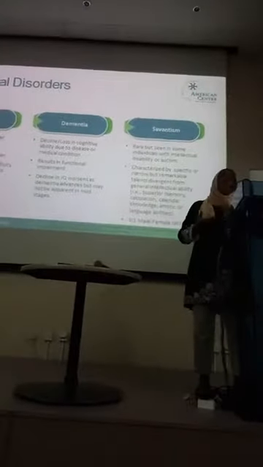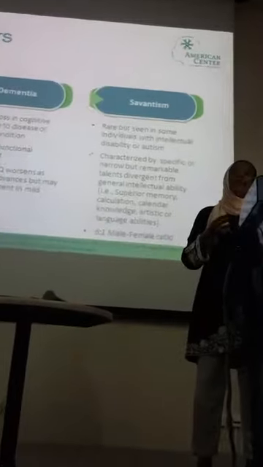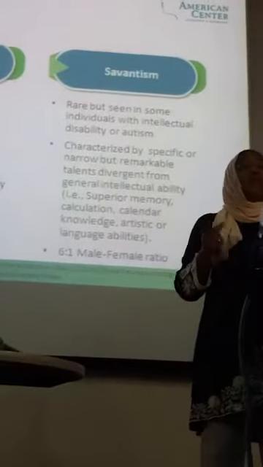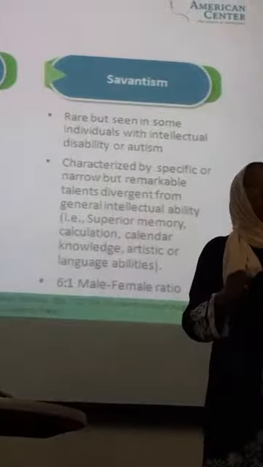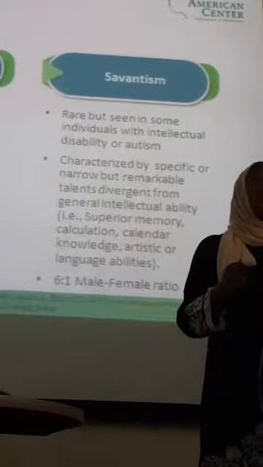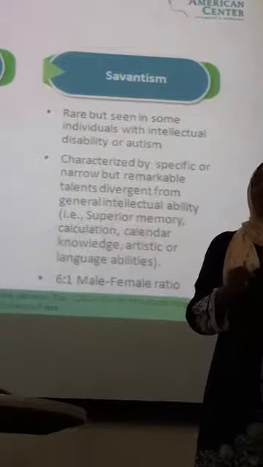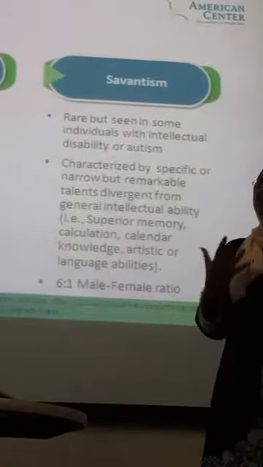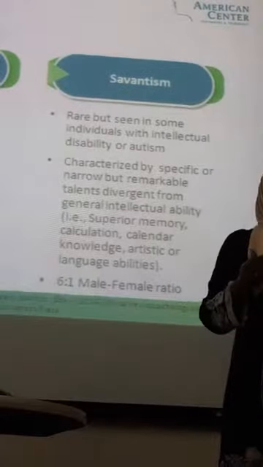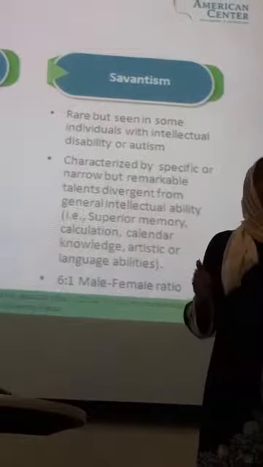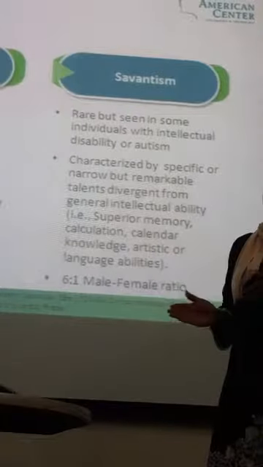And then in some people with autism, we actually have savantism, which indicates that a person will have a unique and extraordinarily developed skill in a very, very narrow area, and often something that is not functionally meaningful. So a person might be able to tell you the day of the week of any calendar date in all of human recordable history.